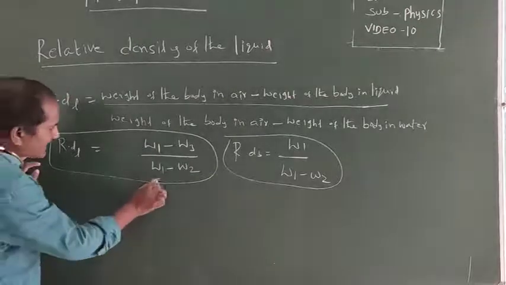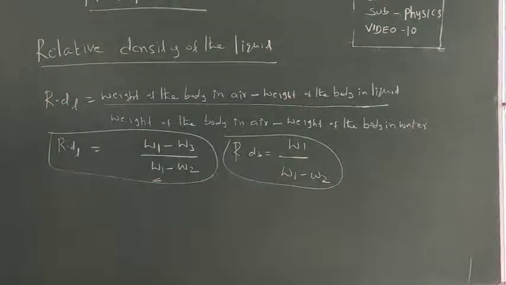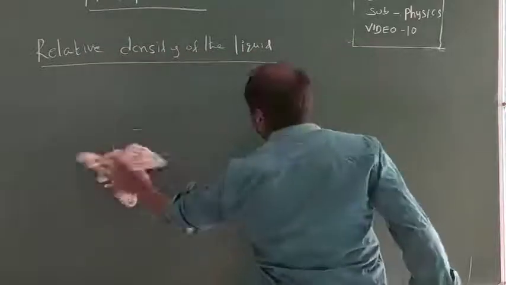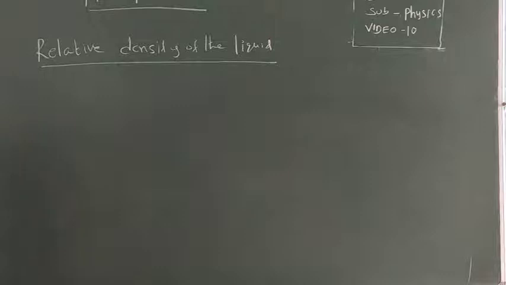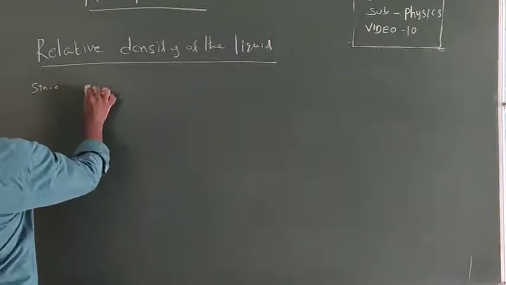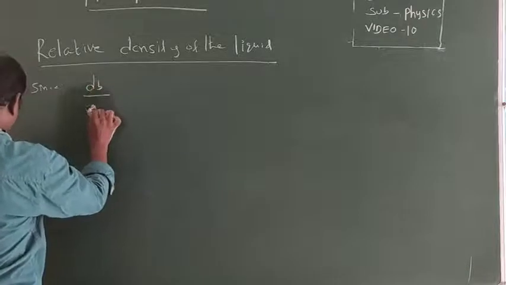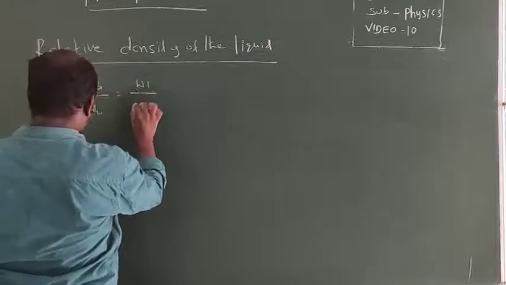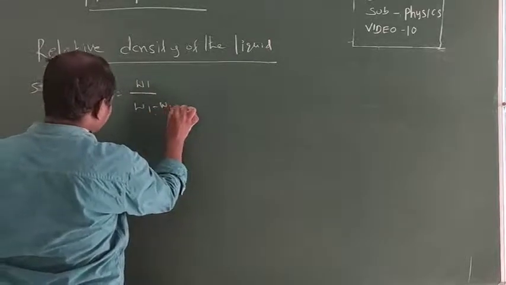It is the relative density of the liquid. We can write like this also. Density of the body by density of the water equals weight of the body in air by weight of the body in water.